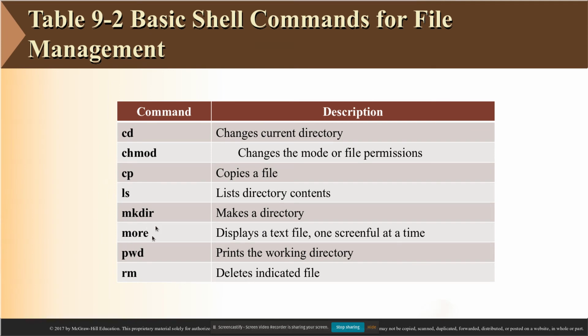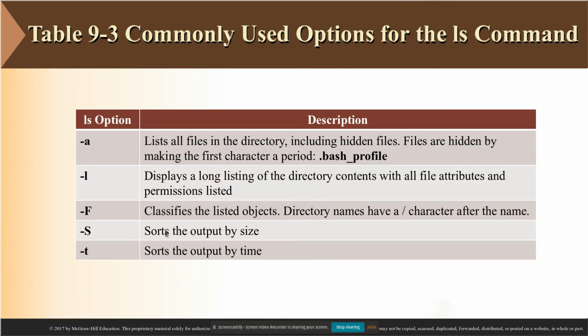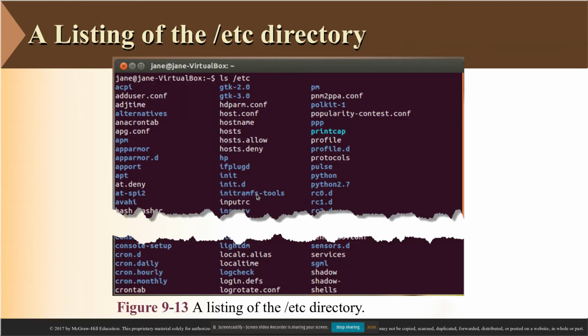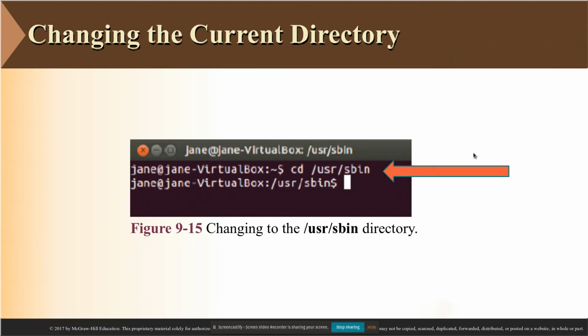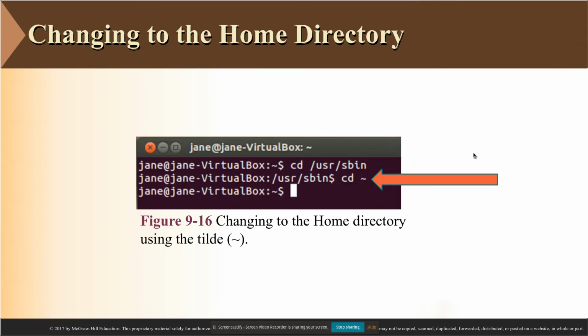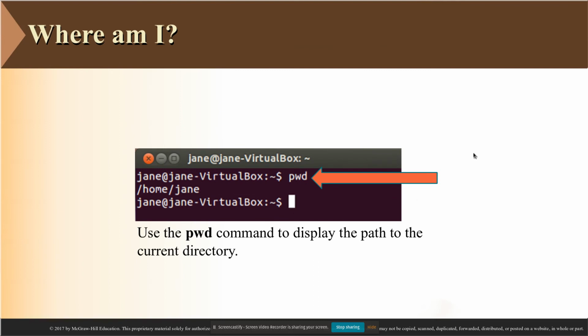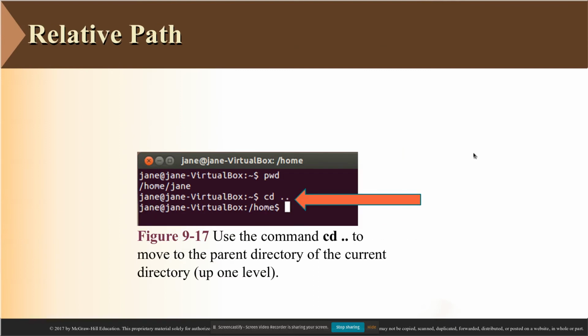We'll look at more. Actually, I'll show you a better command than more. There's something called less. So at your directory, you'll skip that. We looked at ls already. Changing directory. Where am I? The path. That's called the path. This is a full path here, relative path.